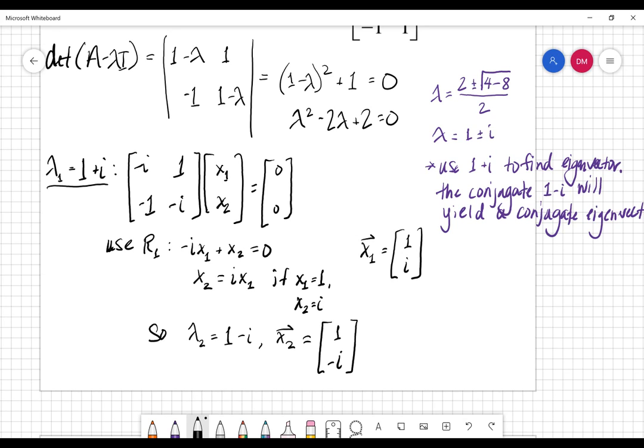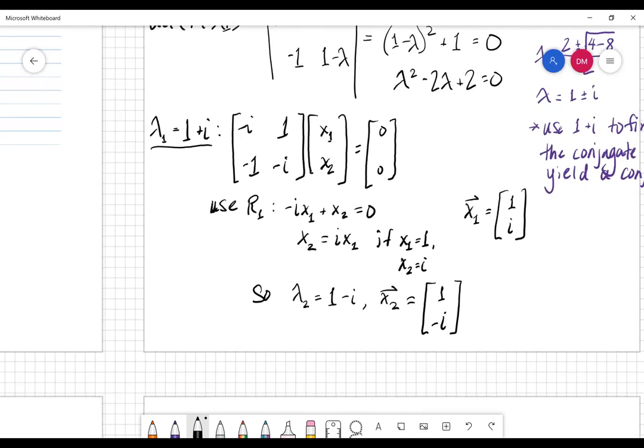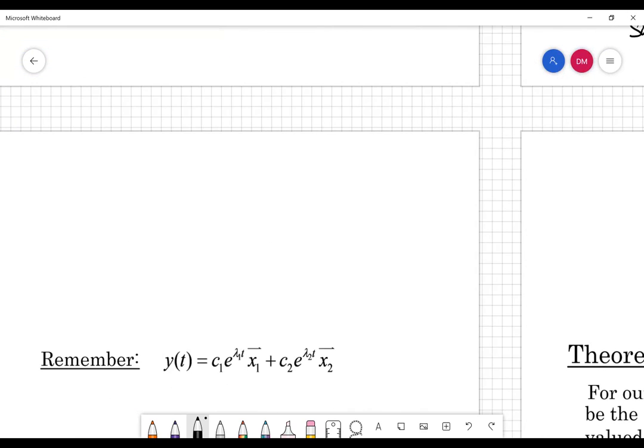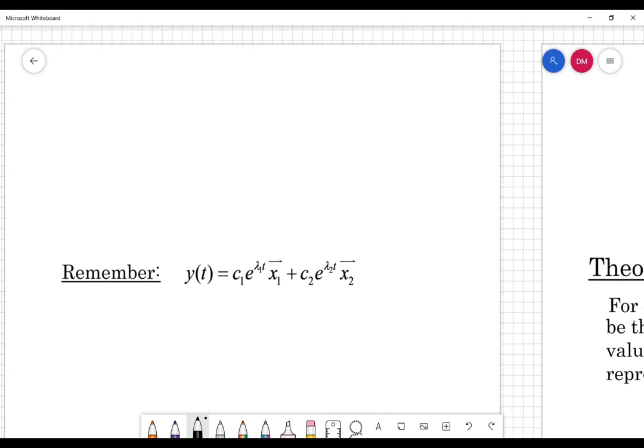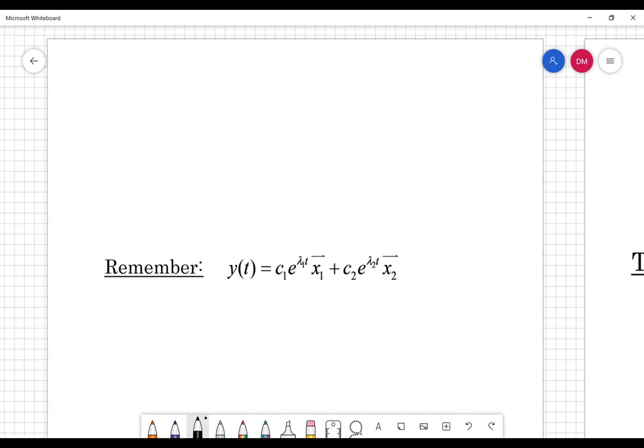That's the good news. The tough part is going to be getting this into our general solution. So I'm going to go ahead and rewrite. We had lambda sub 1 is equal to 1 plus i, and we got our x sub 1, and lambda sub 2 and x sub 2.